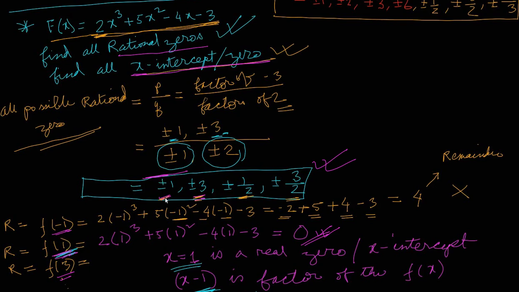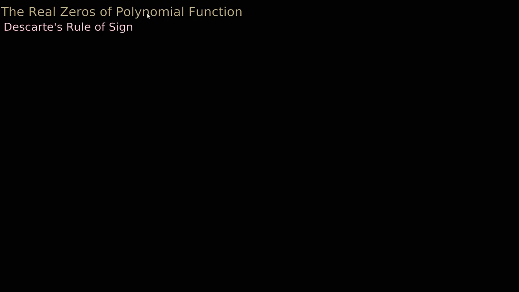Descartes' rule of signs is going to tell us which one we should test first, and how many real zeros are going to be positive and how many negative. Let's see. I have a polynomial function of x, and I want to find the number of positive zeros.